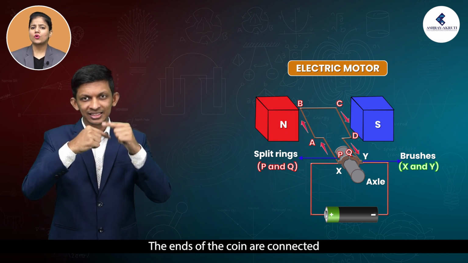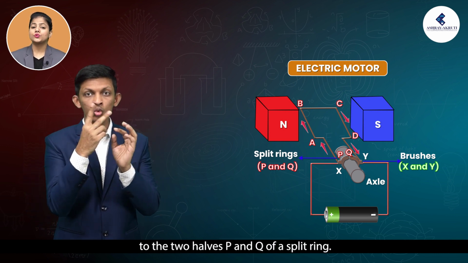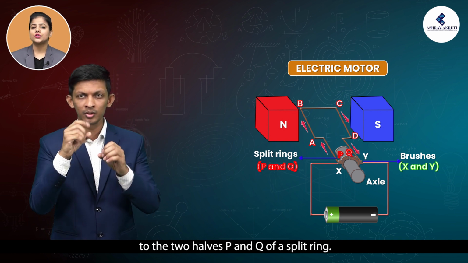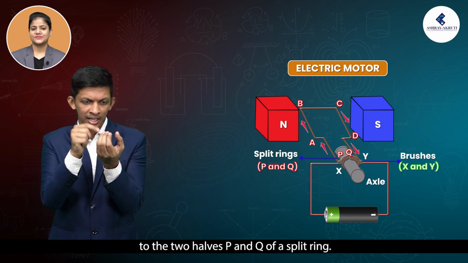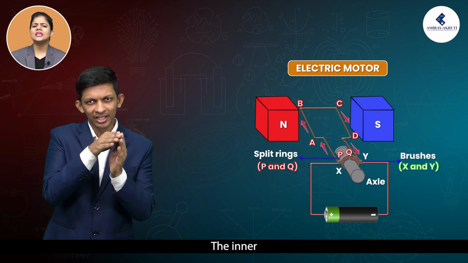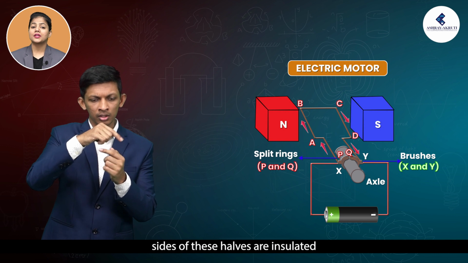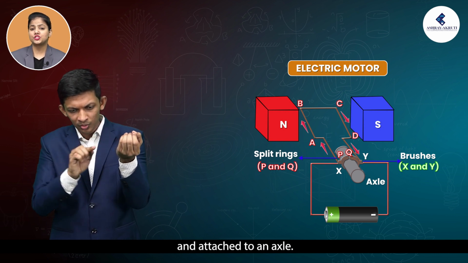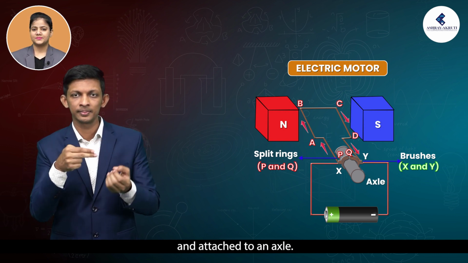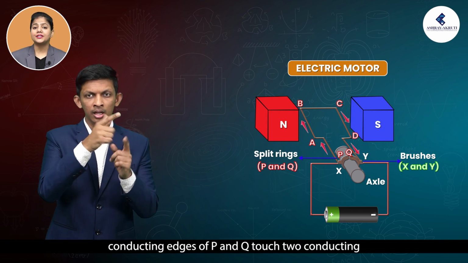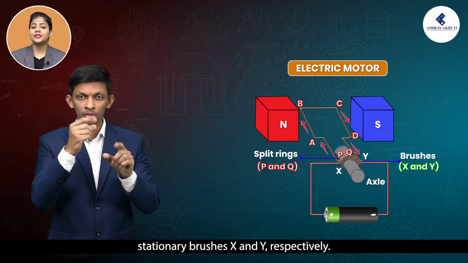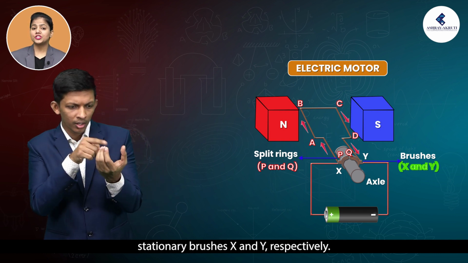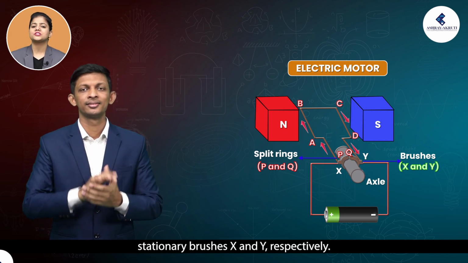The ends of the coil are connected to the two halves P and Q of a split ring. The inner sides of these halves are insulated and attached to an axle. The external conducting edges of P and Q touch two conducting stationary brushes X and Y respectively.